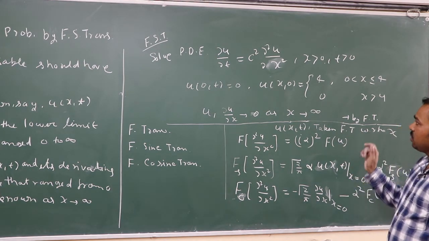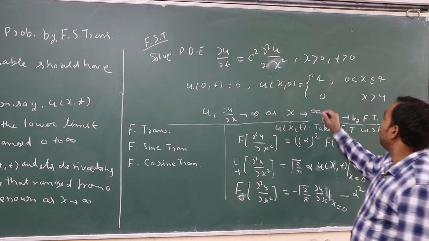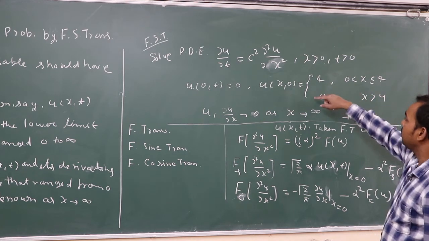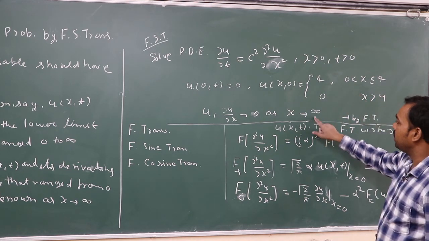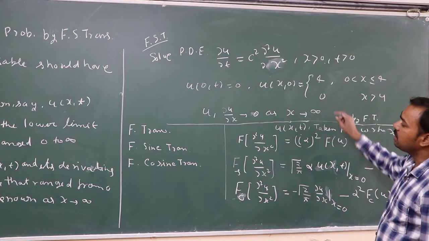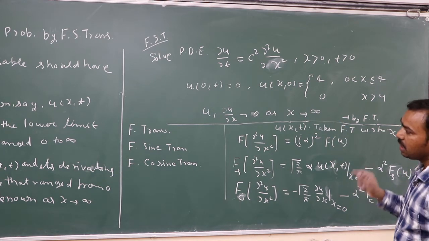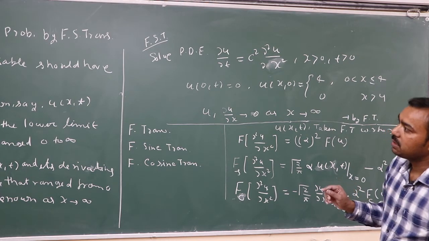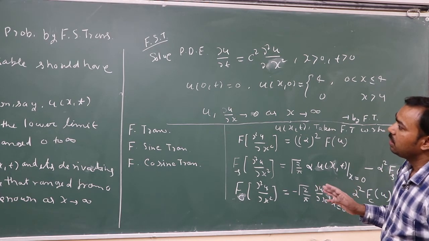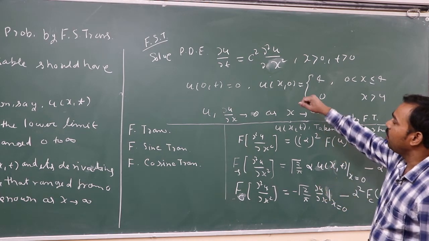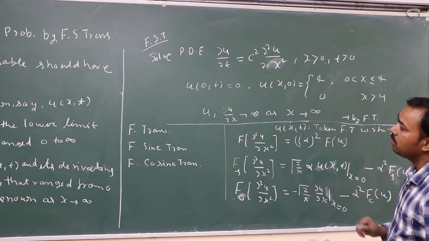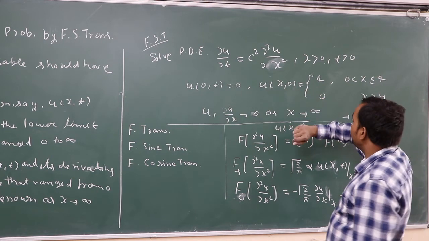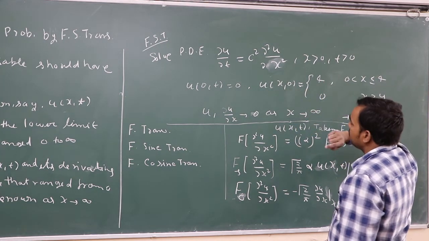Here x is greater than 0, so x is a variable that ranges from 0 to infinity. The second condition is that the unknown u(x,t) must be known at the lower end, meaning x equal to 0.